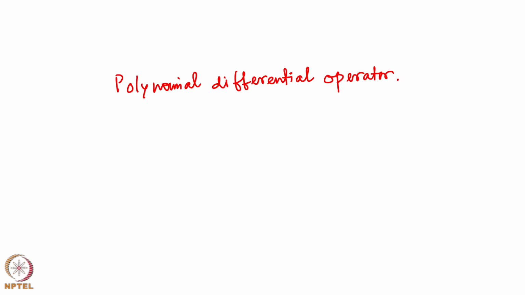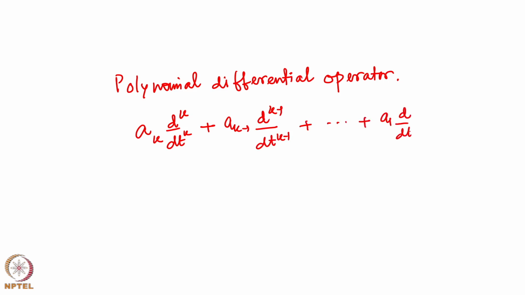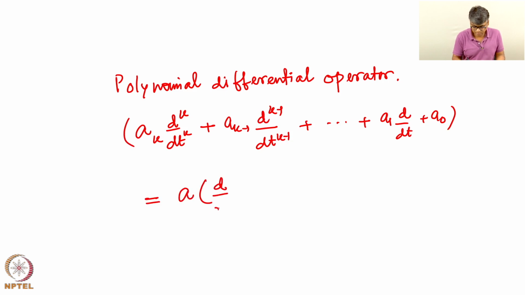So a polynomial differential operator is a polynomial in the variable d dt. This is a typical polynomial differential operator. This often will be written as a polynomial a of d dt. That is the notation we are going to use to denote this polynomial.